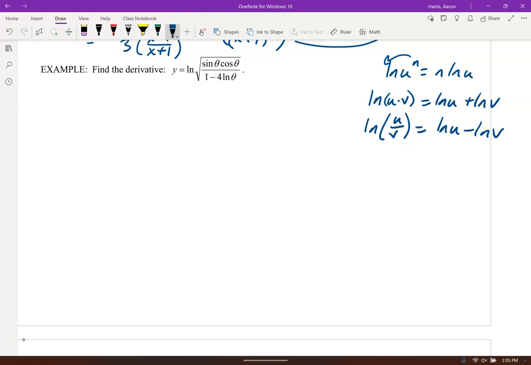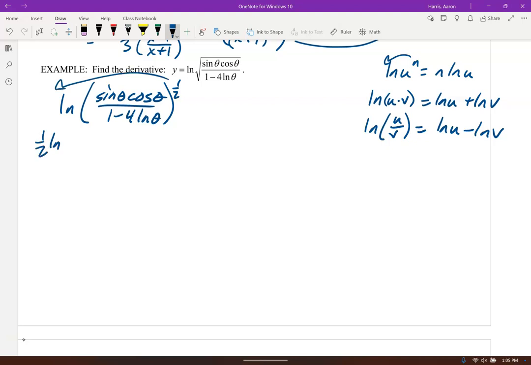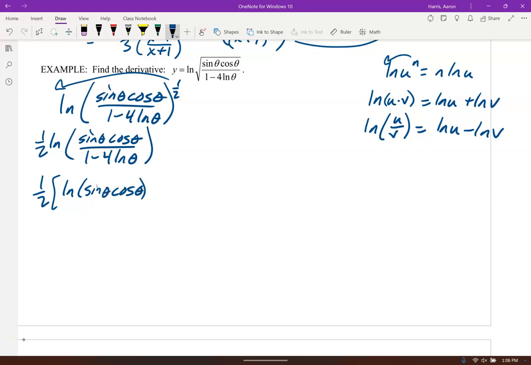So I'm going to use that here. I've got the natural log of all this stuff to the 1/2. So I'm going to put the 1/2 in front. And then I'm going to split this up, the natural log of the top minus natural log of the bottom. And then I have the product rule here.